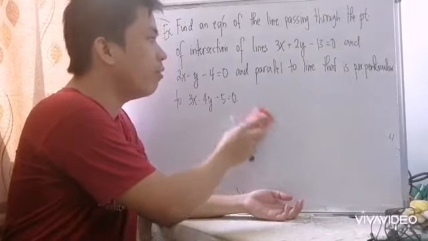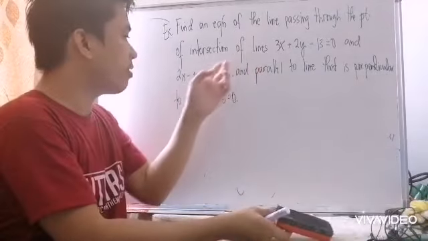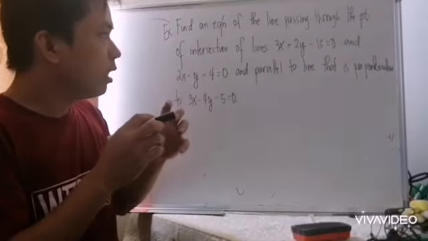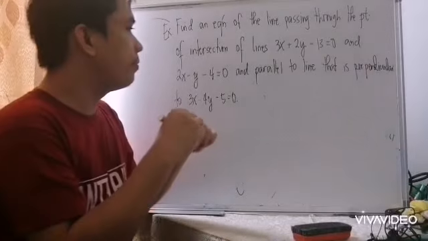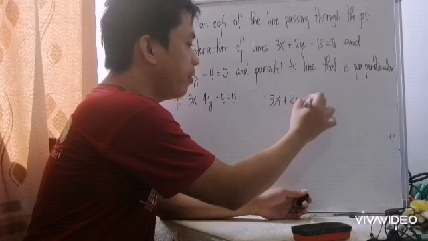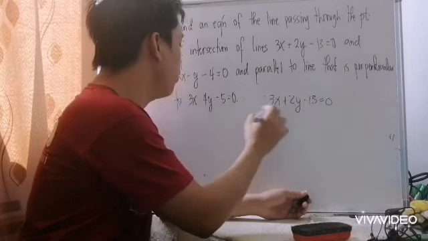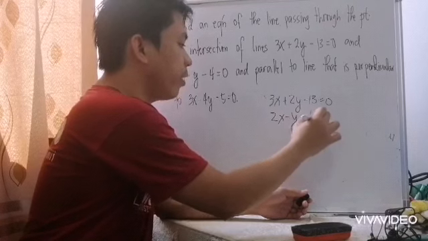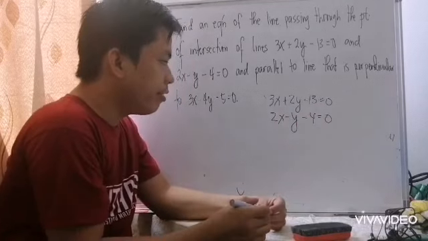Simply, we have to solve the value of x and the value of y in these two equations. Now, 3x plus 2y minus 13 equals 0, and you have 2x minus y minus 4 equals 0.